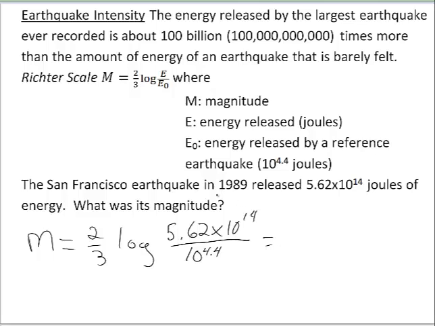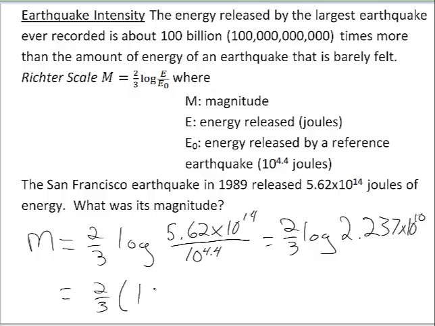If we perform this division, what we get is 2.237 times 10 to the 10th. We can take that log and we get, the 2/3 comes along, 10.350, and then finally this multiplication gives us 6.9. So this registered as a 6.9 on the Richter scale.